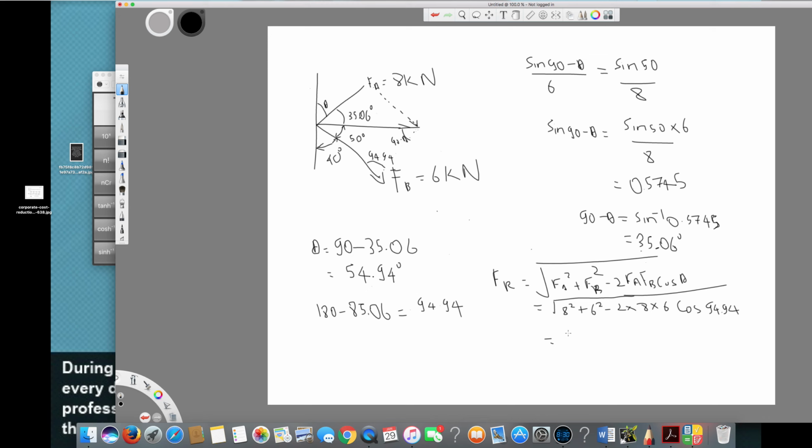We know 8 squared is 64, 6 squared is 36, both are equal to 100, and 2 times 8 times 6 is 96, so 96 cos 94.94.